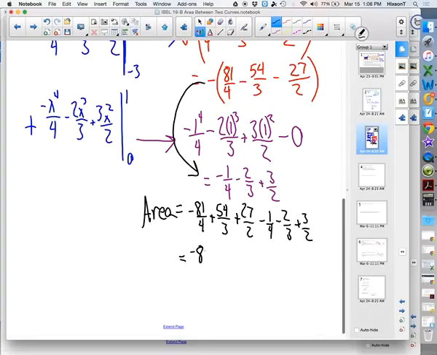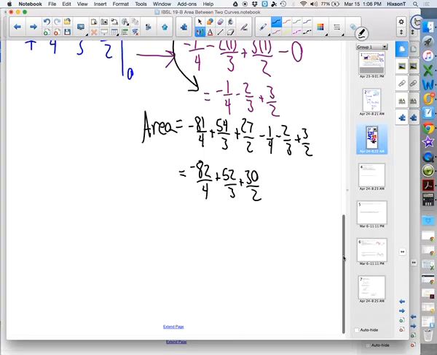Negative 82/4. That's going to be plus 52/3 plus 30/2. Okay. This is negative 41/2. Plus 30/2 is going to be a negative 11/2. Plus 52/3 is 17 1/3.